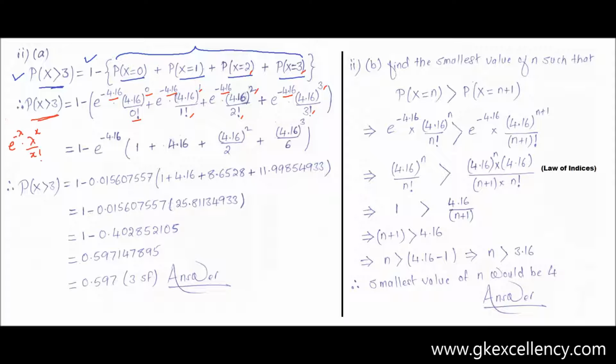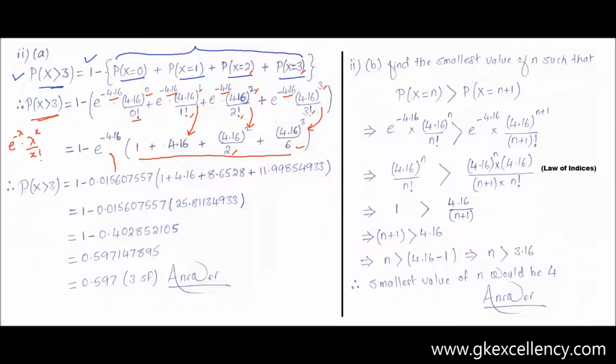Now we'll take the common e raised to minus 4.16 outside, and the leftover is in the bracket. As you can see, 4.16 raised to 0 is 1, and 0 factorial is 1. The 2 factorial is 2, and 3 factorial is 3 times 2, which is 6. Now use the scientific calculator and find the value of e raised to minus 4.16.